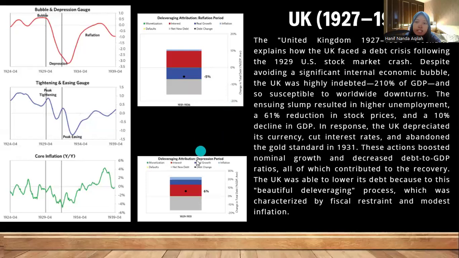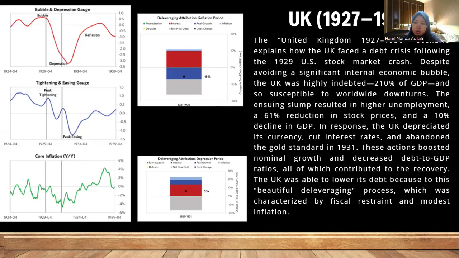So the next is about the UK. In 1927 until 1936, or around 9 years, the UK, or United Kingdom, scenario explains how the UK faced a debt crisis following the 1929 US stock market crash. The ensuing slump resulted in higher unemployment, a 61% reduction in stock prices, and a 10% decline in GDP.